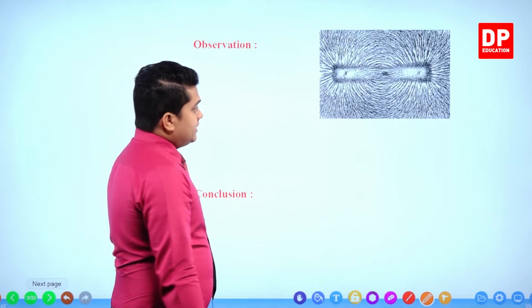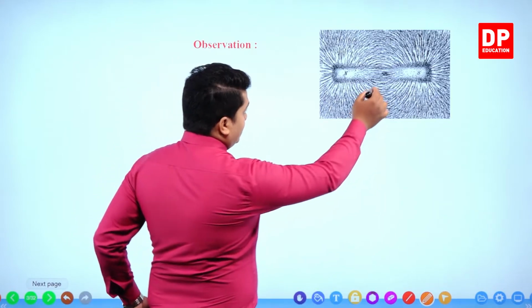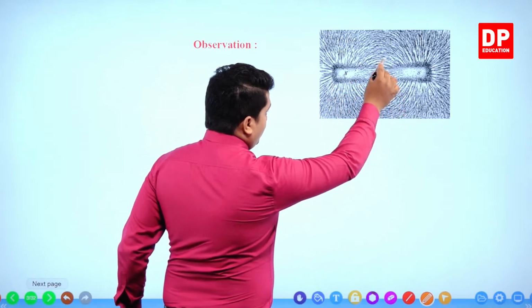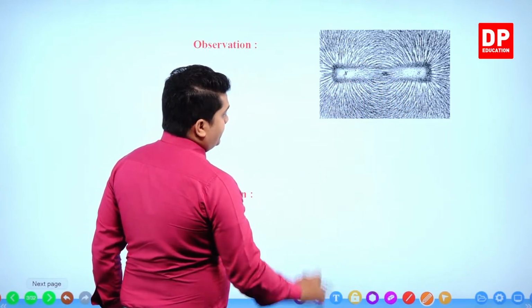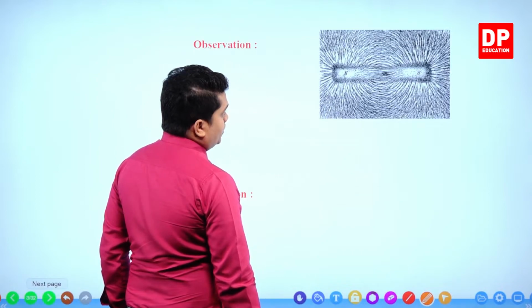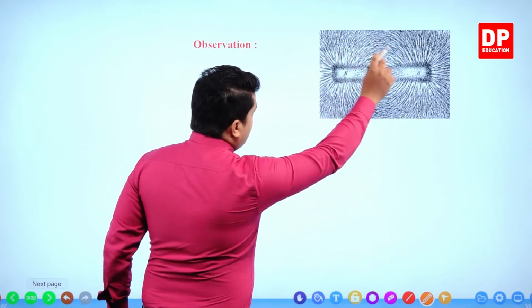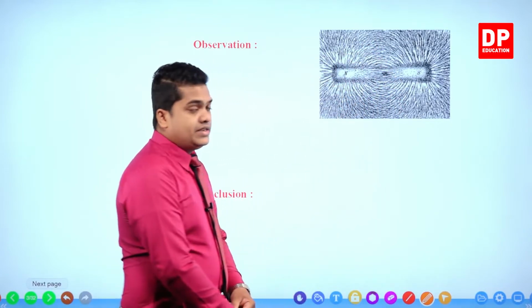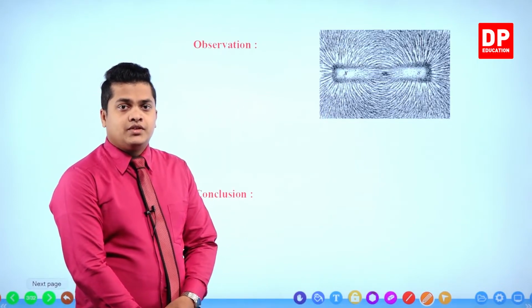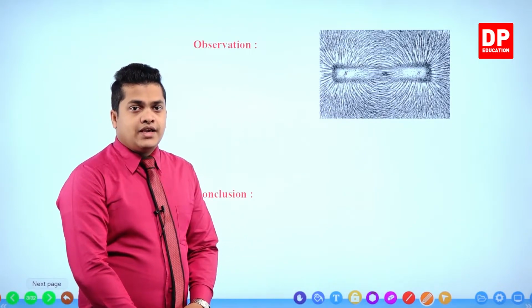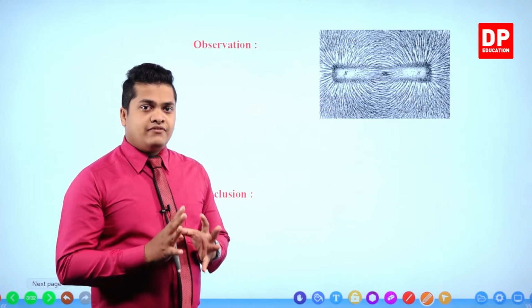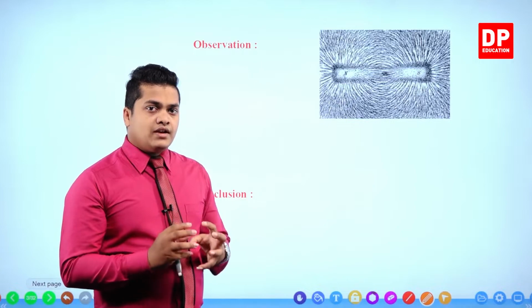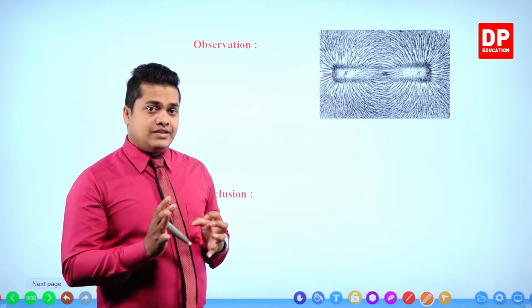So it is seen that the iron powder is going to arrange in a certain pattern like this. The area in which the iron powder arranges is the area where we can observe the magnetic power or the magnetism.